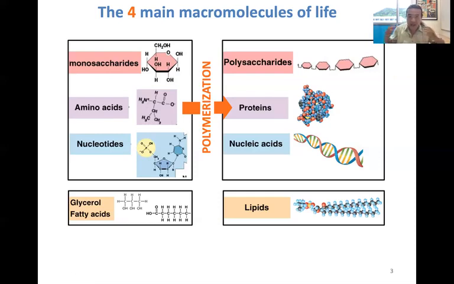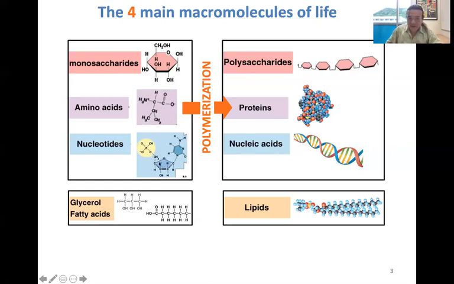And we said that life on Earth uses 20 different variations of amino acids, and they differ just by these R groups over here. Amino acids can be strung together to form proteins that then fold up and can be structurally important or important as little machines.